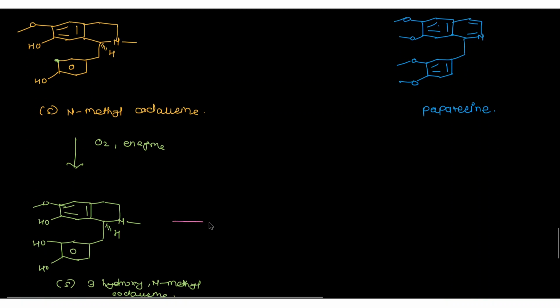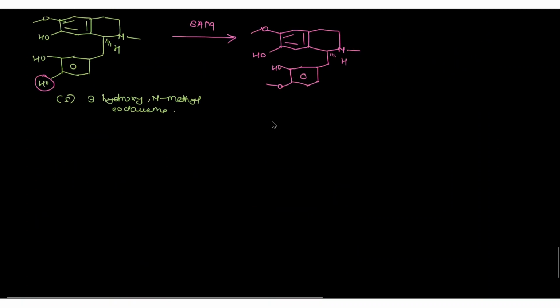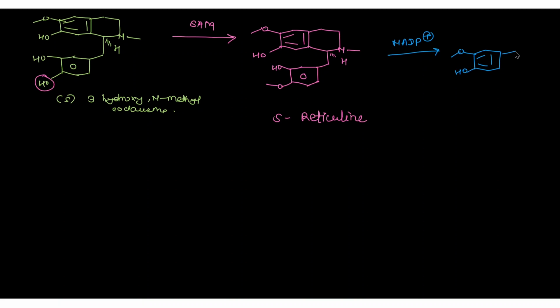In the next step, by using SAM, methylation of this hydroxy group takes place and we get this moiety which is known as S-reticuline. In the next step, by using NADP plus, imine formation takes place and we get this moiety.